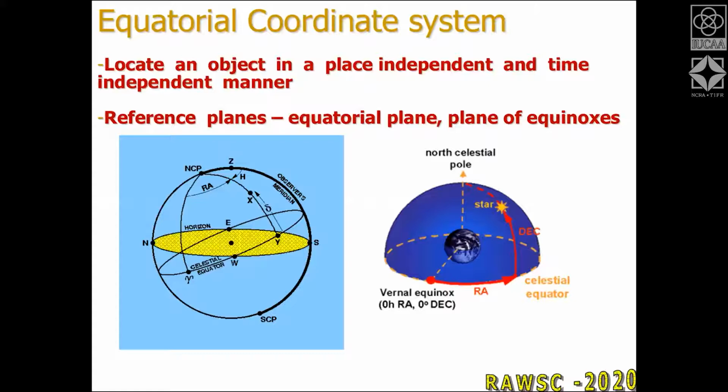So it is independent of the location of the observer, which was not the case for the horizon system. In the horizon system, the planes depended on where you are. The same is true about time dependence. It does not matter. The celestial equator will remain where it is. As the Earth is rotating, it's not going to change the celestial equator.